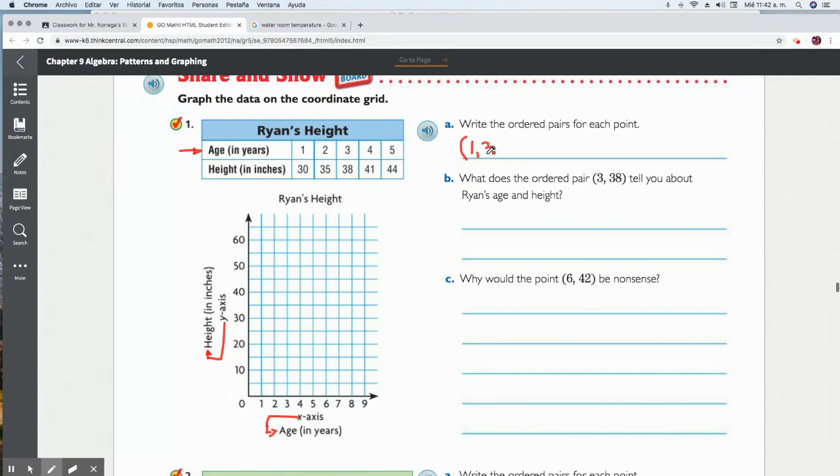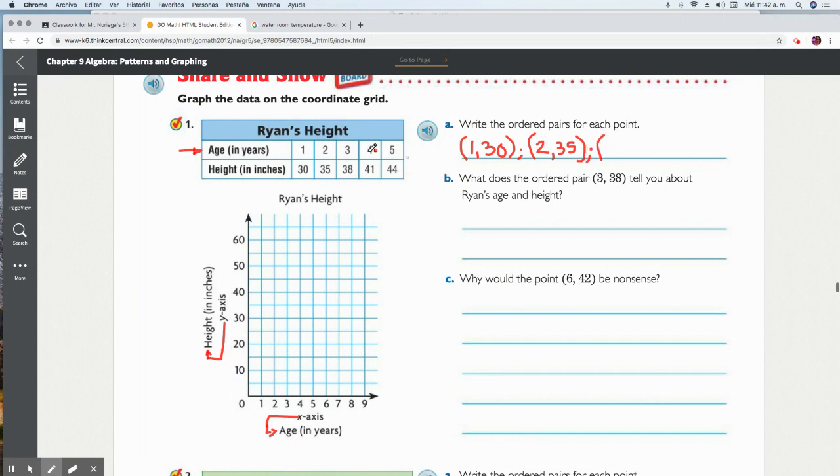So 1, 30 would be the first ordered pair. Second one, 2 would be the second year, which is the age in years. So 2 would be for the x-axis, and 35 would be for the y-axis. So 2, 35 is our second ordered pair.